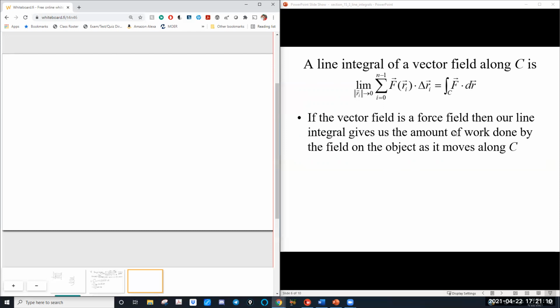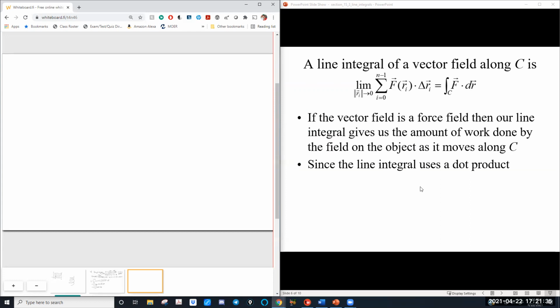If the vector field is a force field, then what we're calculating with this integral is the amount of work done. That's the same work from Calc 2, the physics definition of work, that the vector field does as an object moves along C. So we could calculate the work done by a gravitational field, because that's a force field, by doing these line integrals.